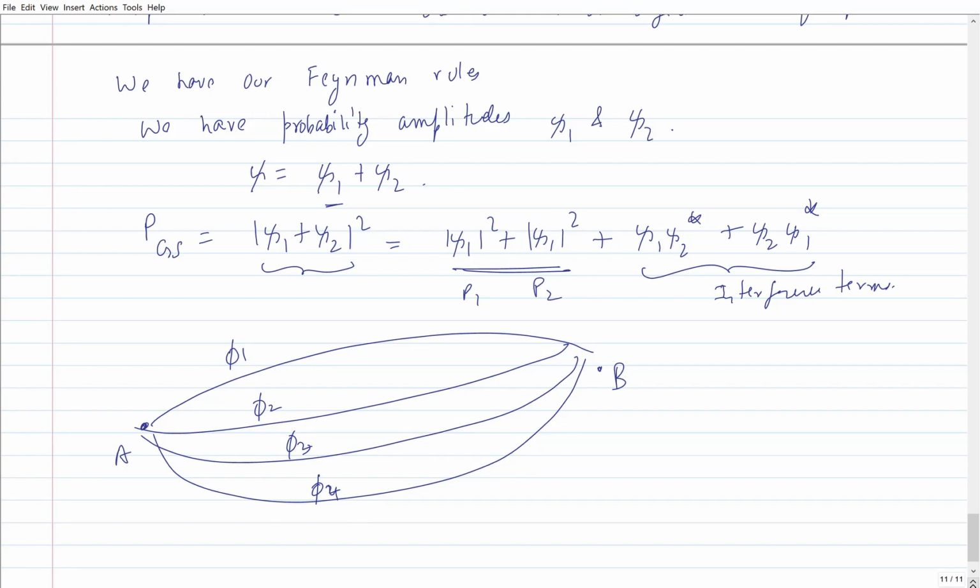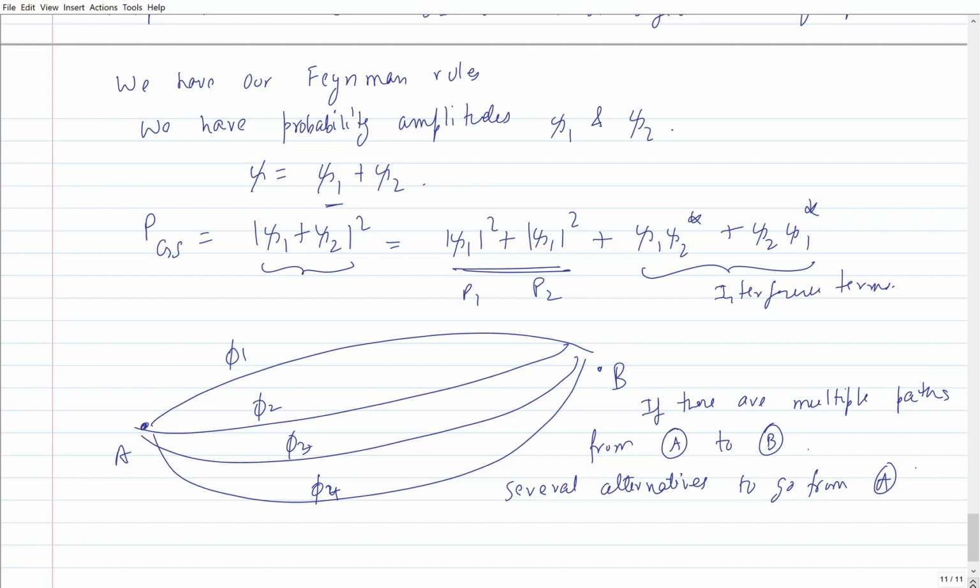And lo and behold, if there are multiple paths from A to B, so that means I have several alternatives to go from A to B, all the probability amplitudes add up. And the probability is given by these.